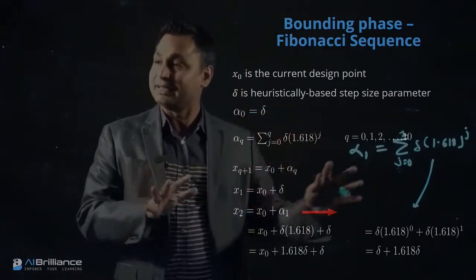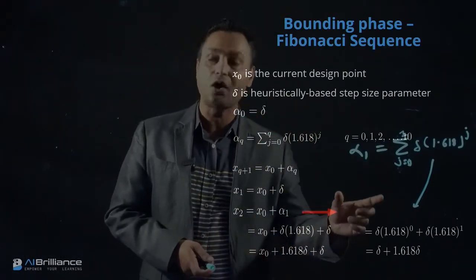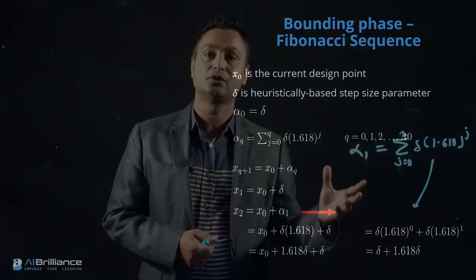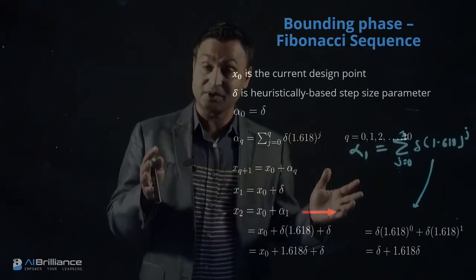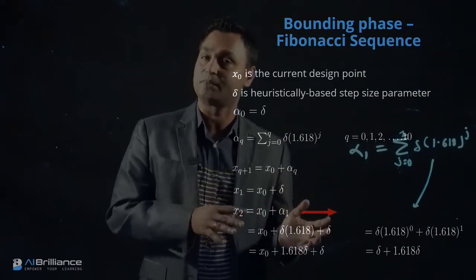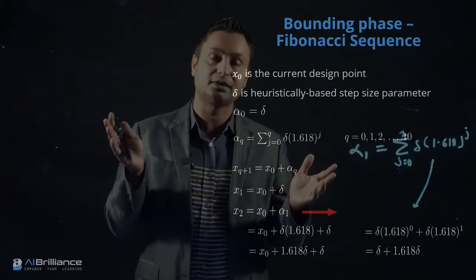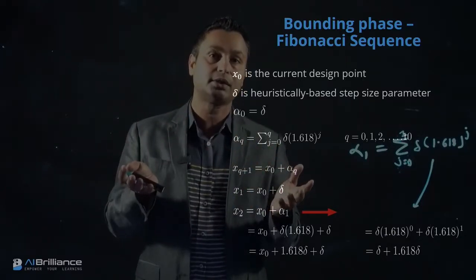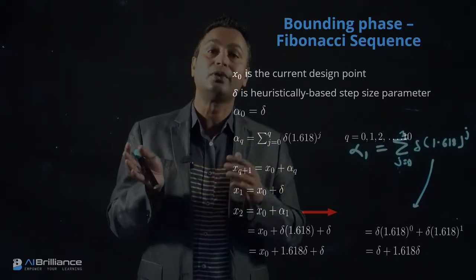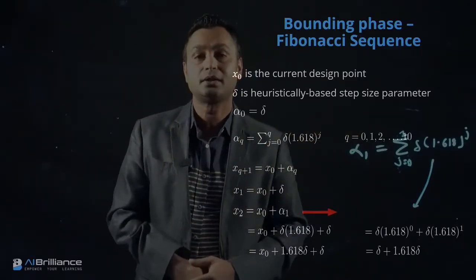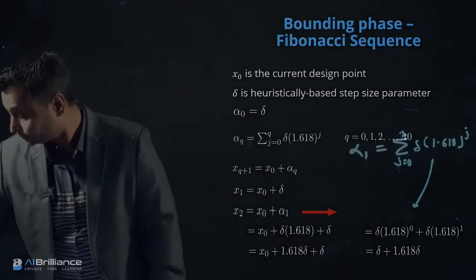The only thing that changes in the Fibonacci sequence is how you locate x0, x1 and x2, and that is slightly different than the Swan's method. Otherwise, the case specific scenarios are exactly the same as the Swan's algorithm. You will always fall into those three cases, and you have to look for those three cases to see whether you should move right, left, positive, negative, or you have basically located the optimal solution.